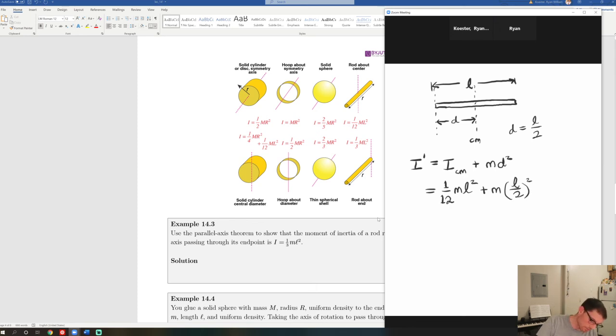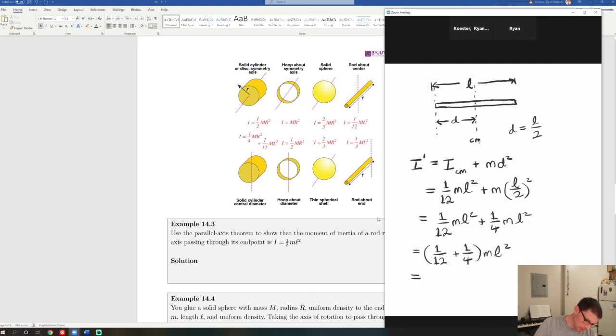So we have 1/12 ml squared plus 1/4 ml squared. And we can essentially just write 1/12 plus 1/4, factoring out the ml squared.